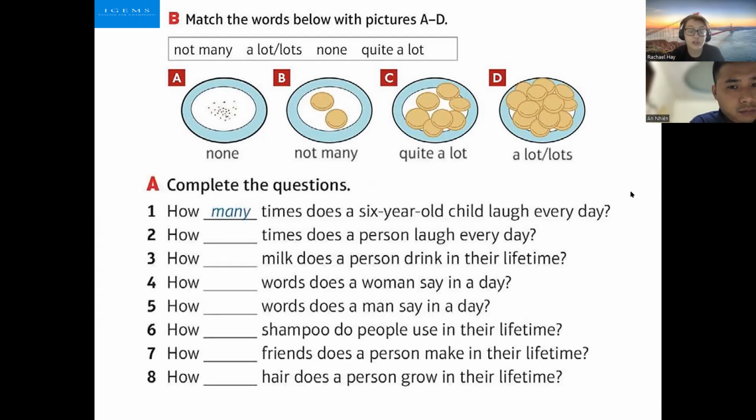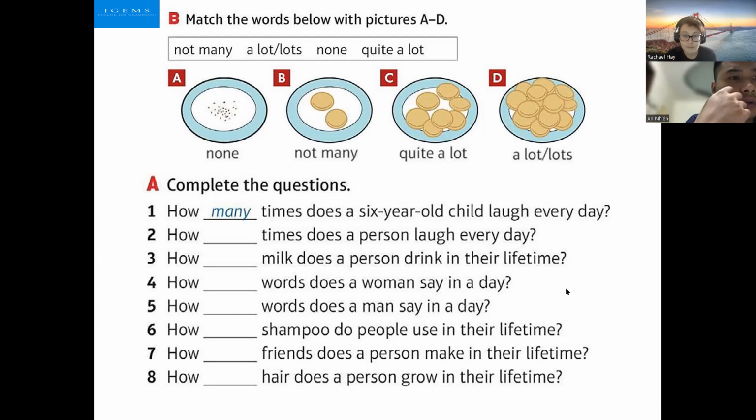Okay, so when I see you on Friday, besides your homework, we're going to start here. So here we're going to choose whether it's many or if it's much. So number 1 is done for us. It's how many times does a 6-year-old child laugh every day? Can you just try number 2 for me before we run out of time?